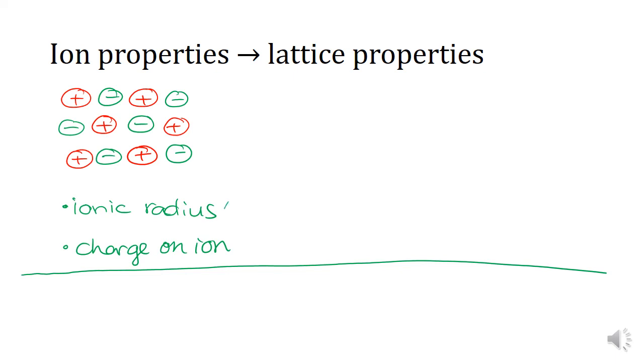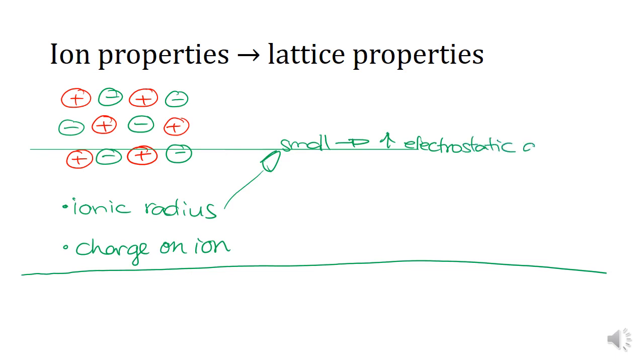Because if my ionic radius is small, that's going to lead to an increase in that electrostatic attraction, which means that we're going to have increased lattice enthalpy because there's more force, more of that electrostatic attraction holding those ions together, so it's going to take more energy for us to rip them apart.